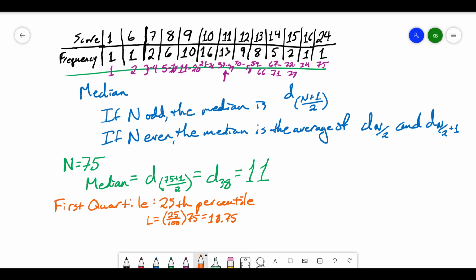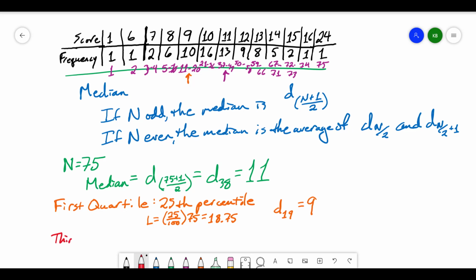So remember, for the percentiles, we round up if we get a decimal like that. So I'm looking for D19, my data point in position 19. If I go back to my values I found, 19 falls in my 11 to 20 band. So this value is going to be 9.